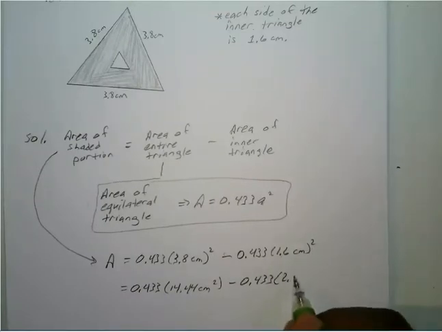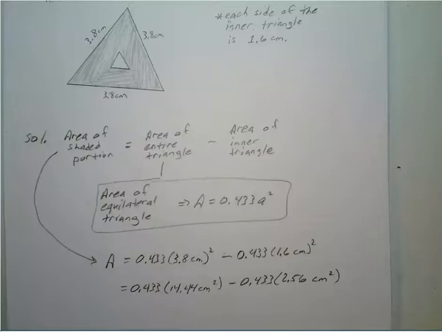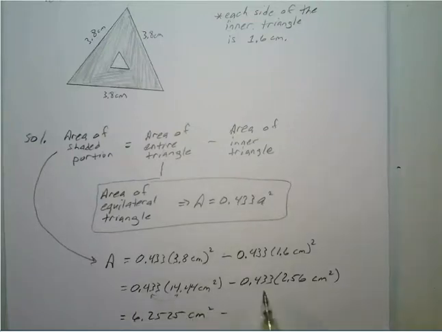So that's 2.56 centimeters squared. Okay, so if we go ahead now and multiply these two values, 0.433 times 14.44, we will get 6.2525 centimeters squared minus, now we have 0.433 times 2.56, 1.10848 centimeters squared.